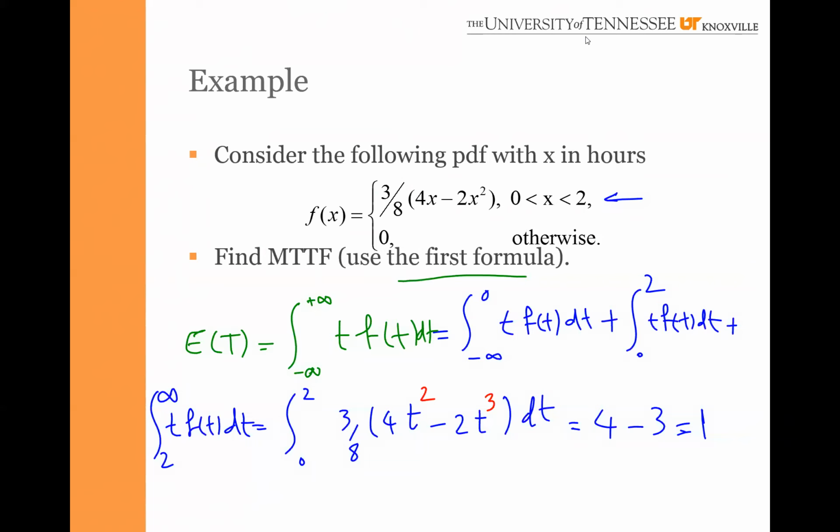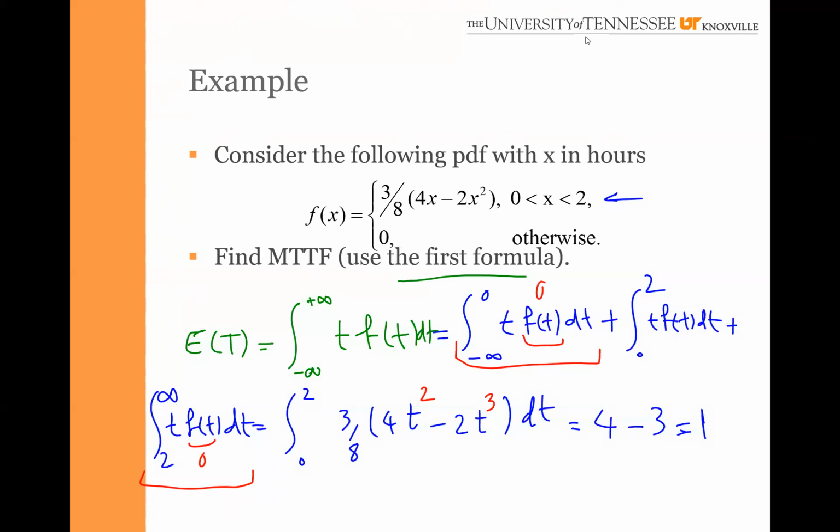I can break it apart. What do I know about the first and the last? What is my f(t) from minus infinity to 0? It's 0, and here, same. Because my function is not positive there, I can ignore them. Good question.